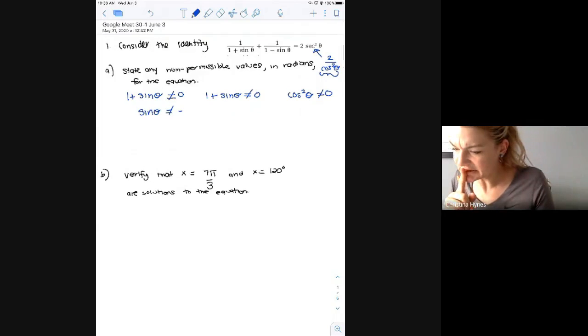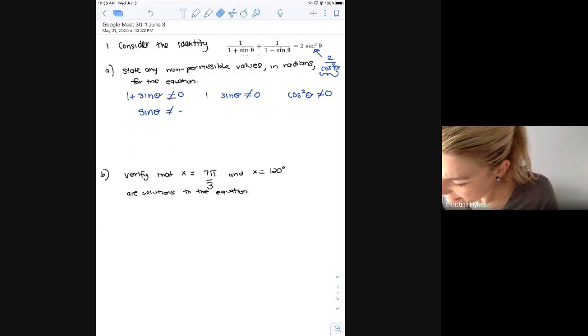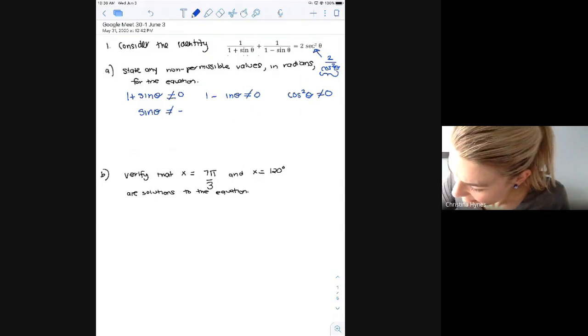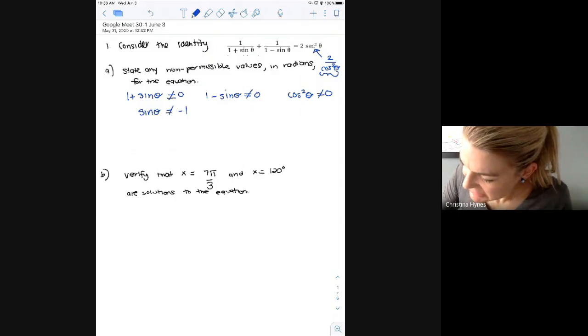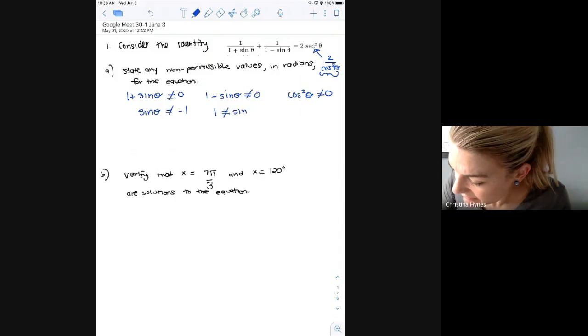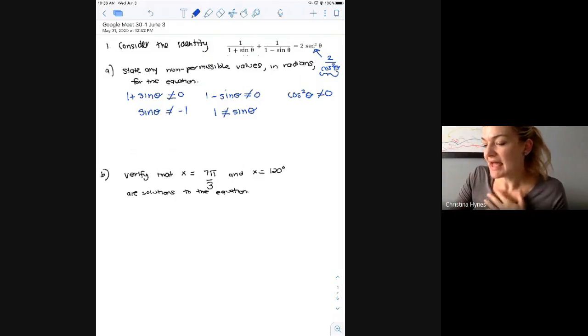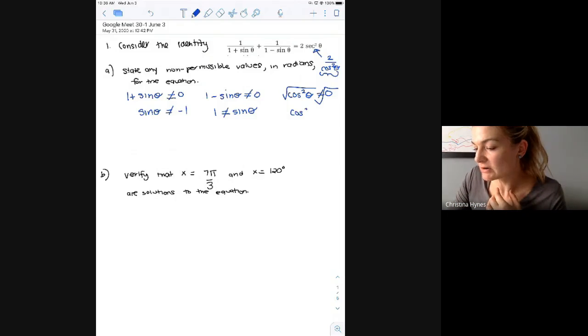Oh, I think I'm missing something. Oh yeah, there you go. That's what I'm missing. Okay, so this one's -1. This one is where 1 cannot equal sine theta. So it's +1. And the last one, you would just square root both sides to give you that cos theta is not allowed to be 0.